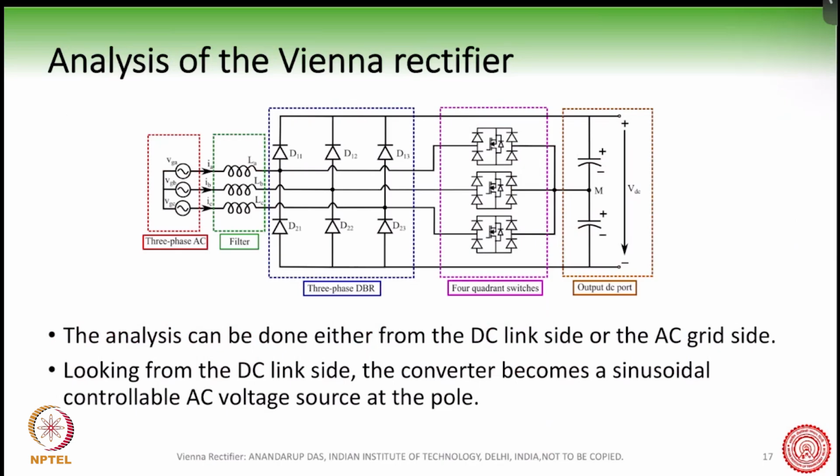So this is what we have said. The analysis can be done either from the DC link side or the AC grid side. Looking from the DC link side, as I had shown, this point's voltage becomes a series of pulses like this.